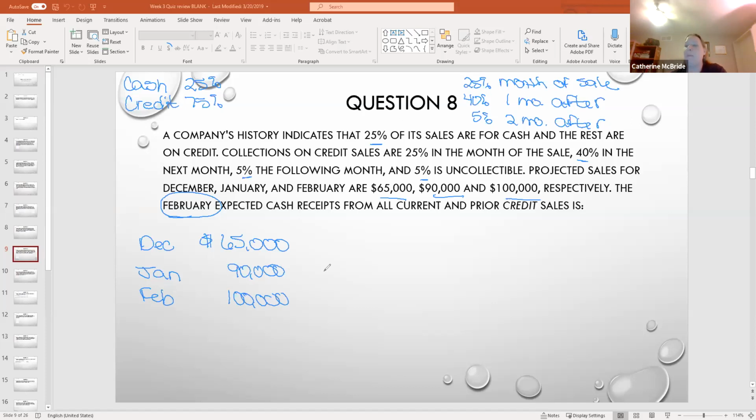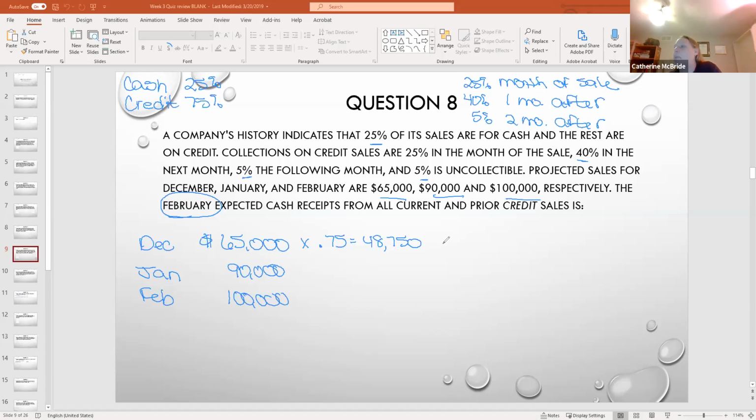For December, we had 65,000 in sales, 75% was on credit, which equals $48,750. So in February, that is 2 months after. So we're going to take the 48,750.